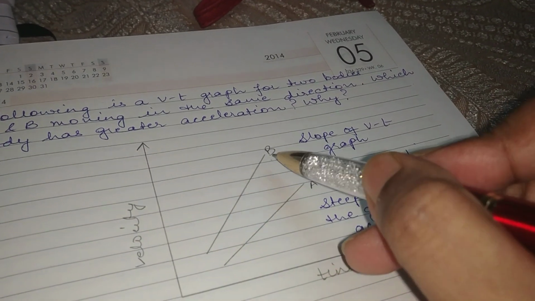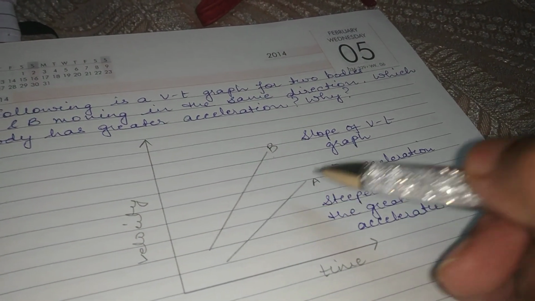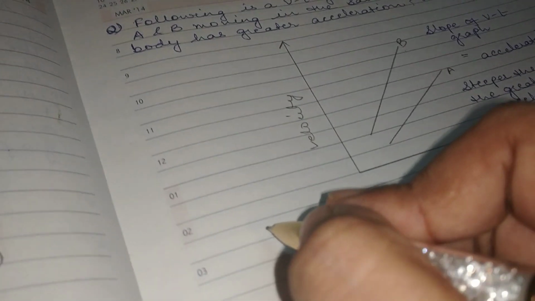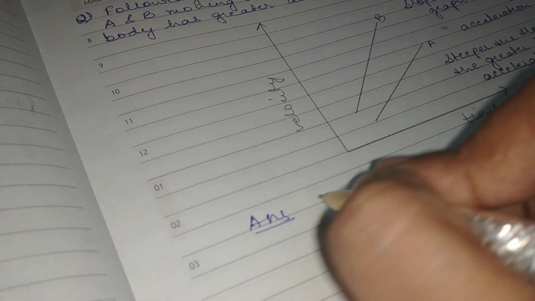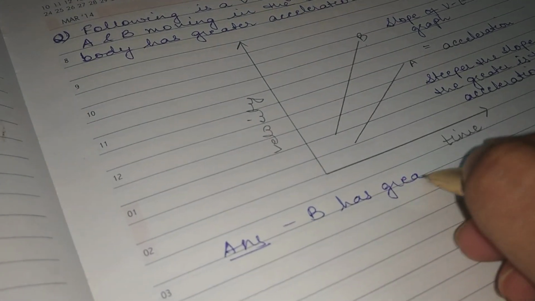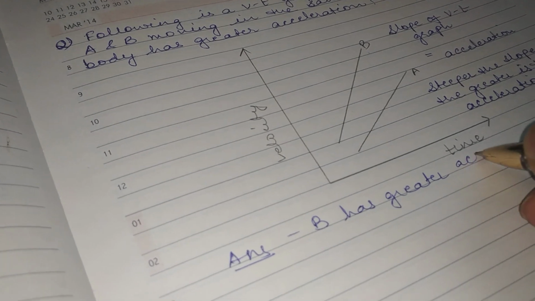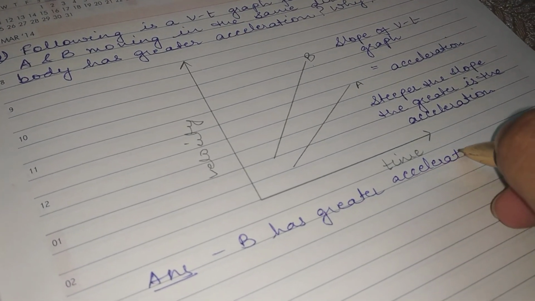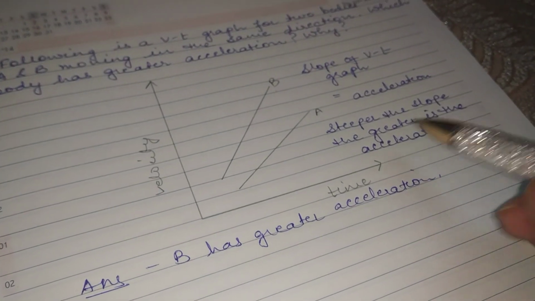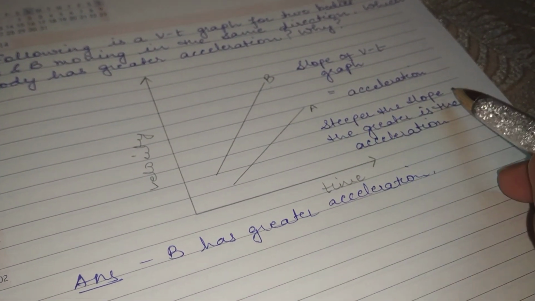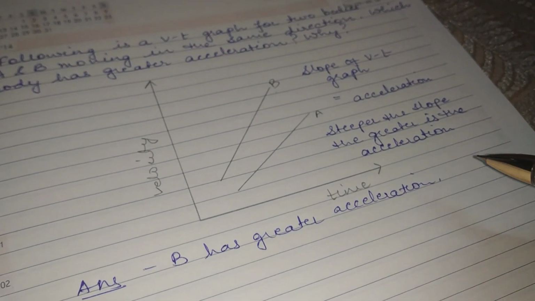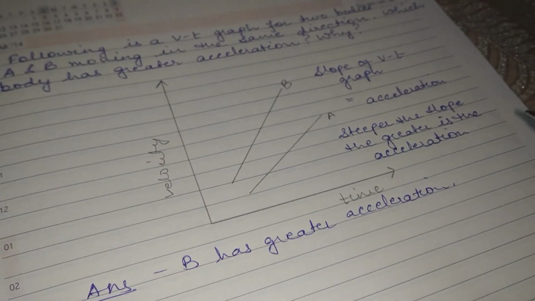B has greater acceleration than A, and hence your answer is B. B has greater acceleration, and what is the reason for that? Reason is steeper the slope, the greater is the acceleration, and B has slope greater than A. Okay.